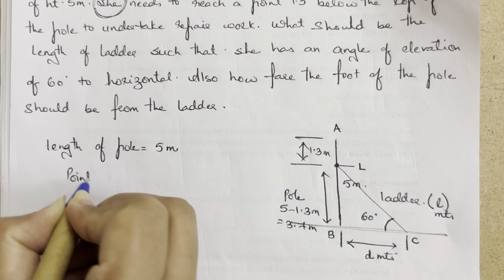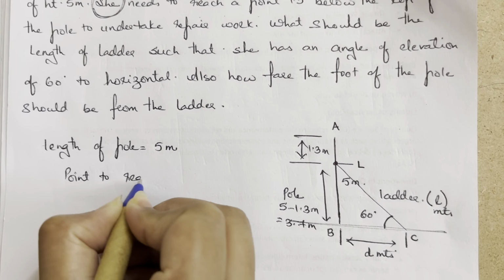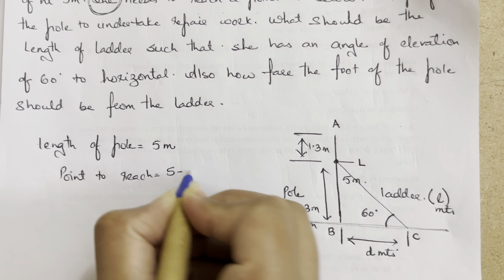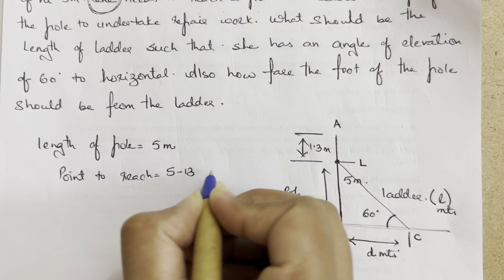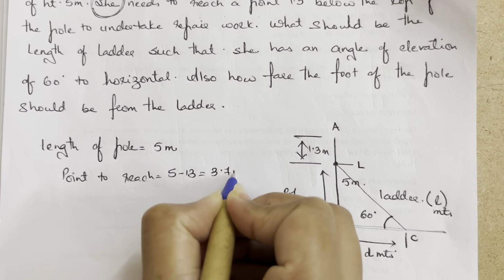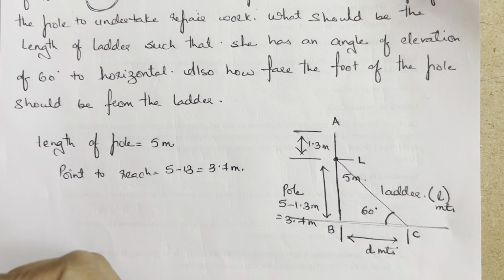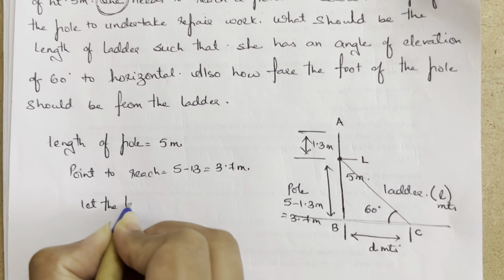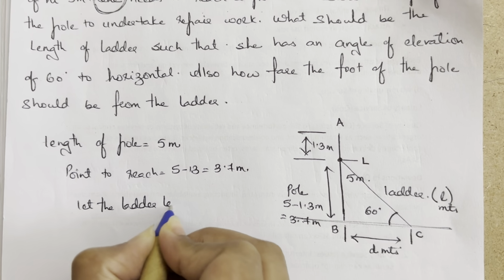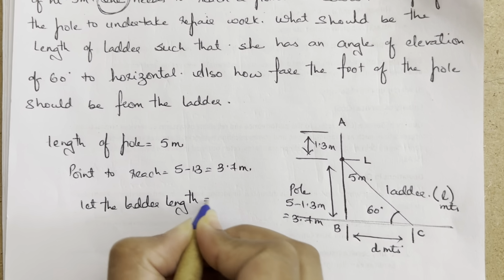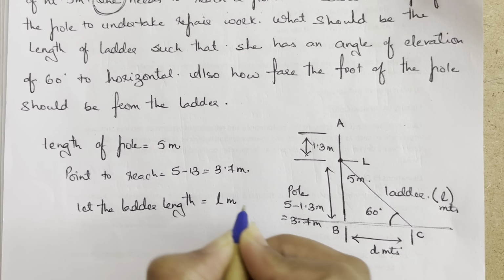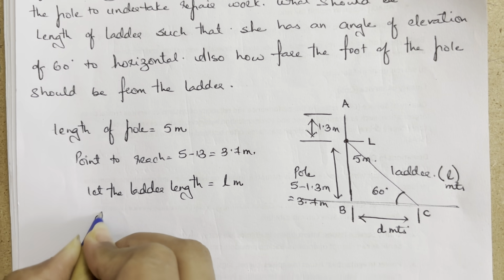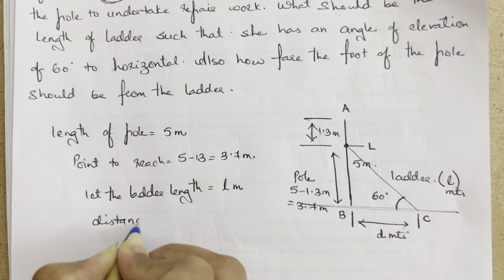Point to reach is going to be 5 minus 1.3, which is equal to 3.7 meters is what I get. Fine. And then let the ladder length be L meters, and the distance is given as D meters.